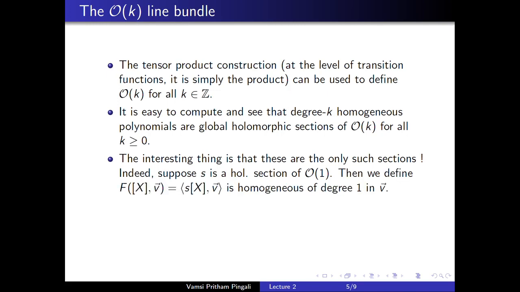So what homogeneous polynomial are we talking about? Firstly, suppose you take a point x in CPN with homogeneous coordinates x. The square brackets are supposed to indicate an equivalence class. Recall CPN is a collection of equivalence classes with some equivalence relation, right? Anyway, so if I take a point in CPN and a vector v in Cn plus 1, if I take S of this point, what is it?